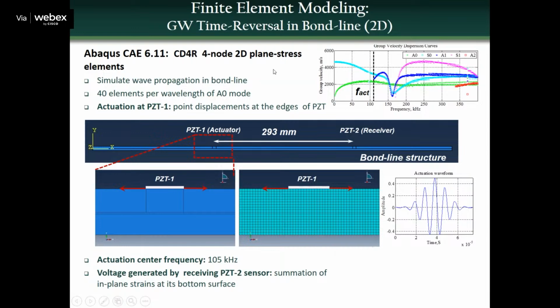You actuate at PZT1, using the point displacement at the edge of the PZT to simulate the excitation of the waveform. And you can have this 5-cycle burst with a Hanning window profile. And this shows you the actual side view of this bonded structure, where you have PZT1 and PZT2 separated by 293 millimeters.